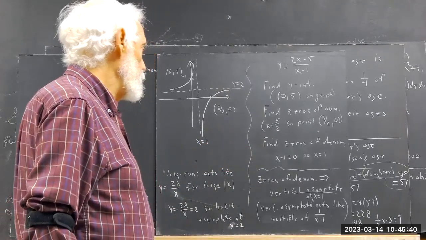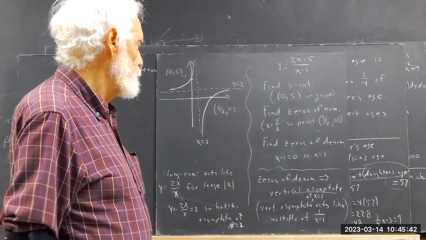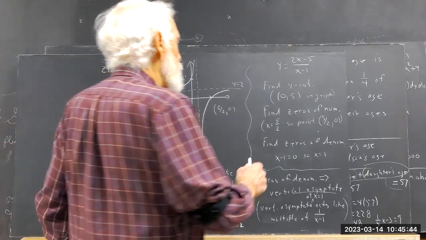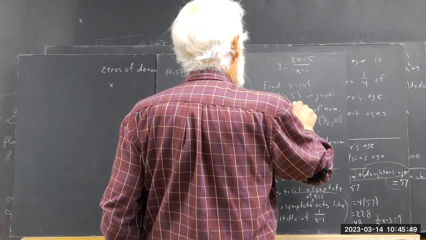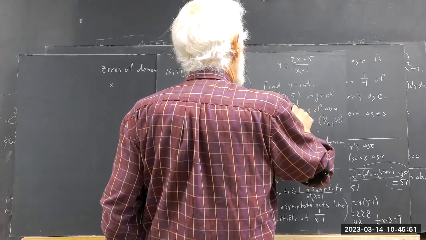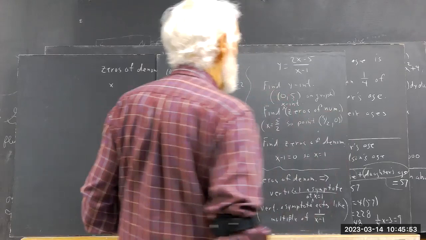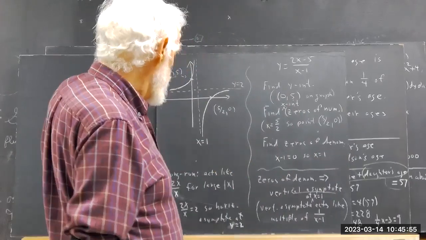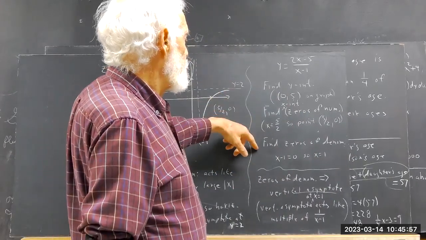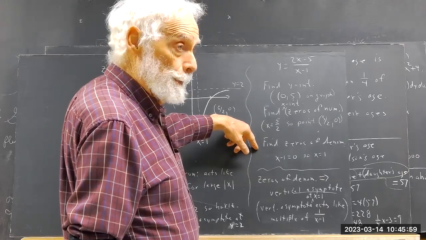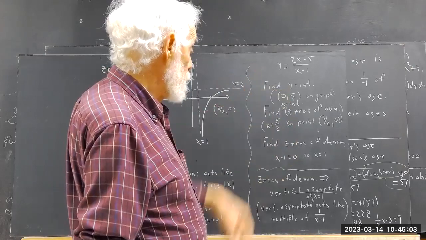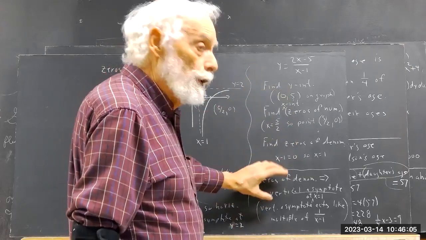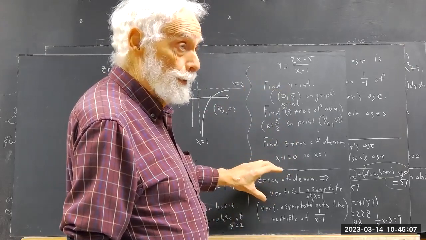And I've been a little ambiguous. I could have said find the x-intercept. Well, those would be the zeros of the numerator. Then find the zeros of the denominator. Okay. Do this, do this. Identify the denominator, find the zeros. Then we're going to go over and do something with the zeros of the denominator.